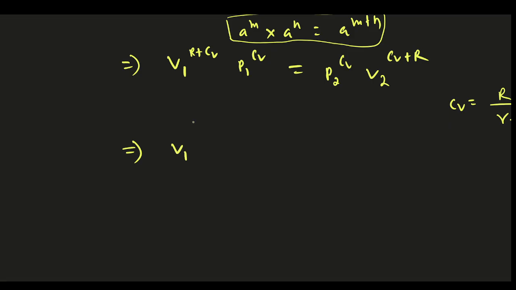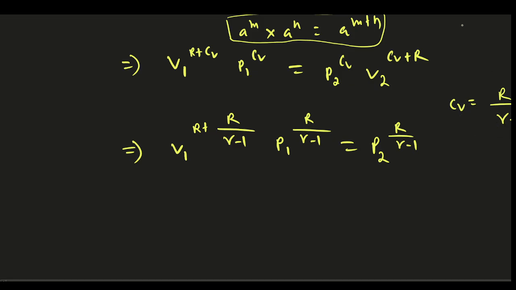So B1 R CB, I'm going to put this value R by gamma minus 1. Similarly, P1 CB value I'm putting here R by gamma minus 1. Similarly, for P2 CB value I'm putting this, that is R by gamma minus 1, and here again I'm going to put this value. So I'm writing here, B2 CB value is R by gamma minus 1 plus R.